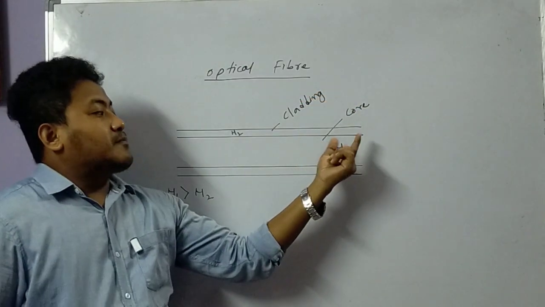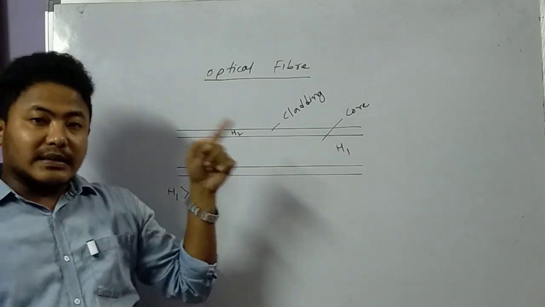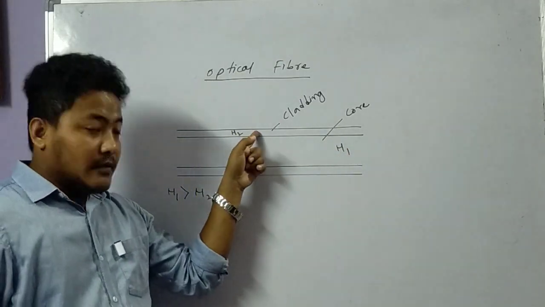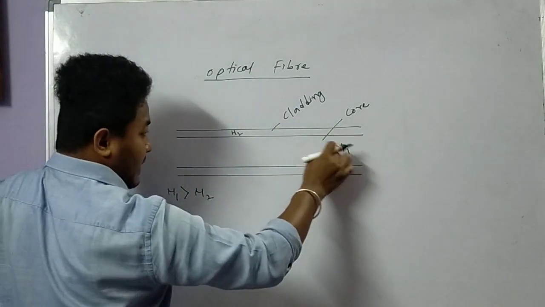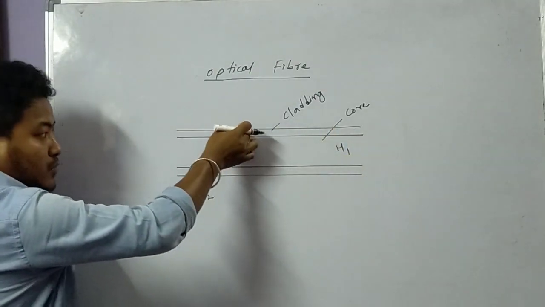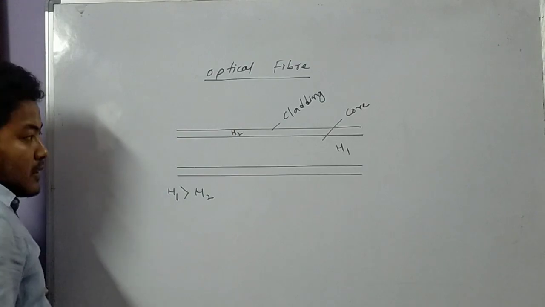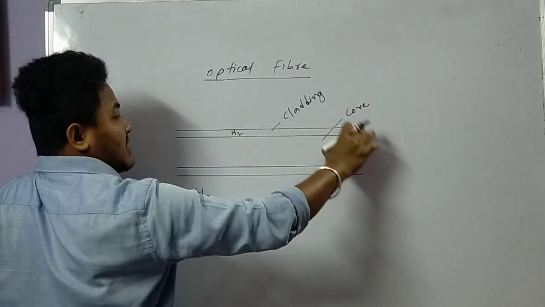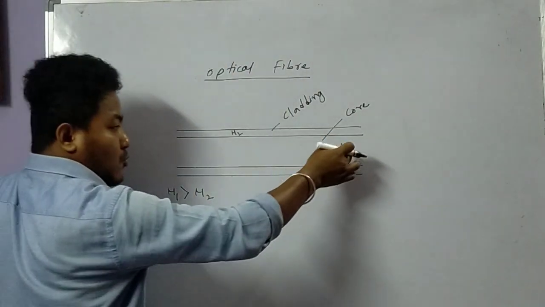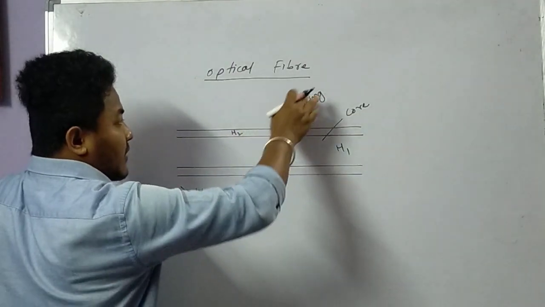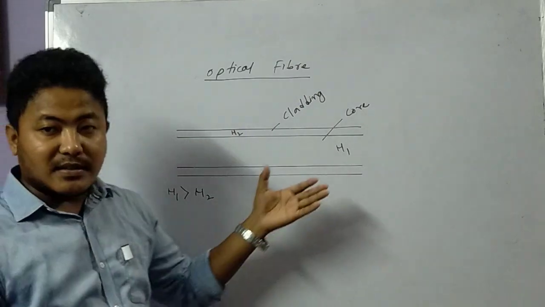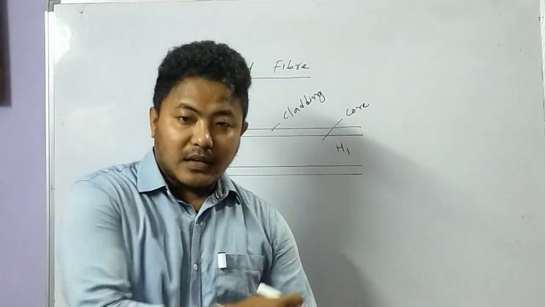Obviously this particular layer will be denser with respect to the other medium. So mu1 is denser with respect to mu2. This is cladding and this is your core. Mu1 is the refractive index of the core and mu2 is the refractive index of the cladding. Those are the components of an optical fiber.